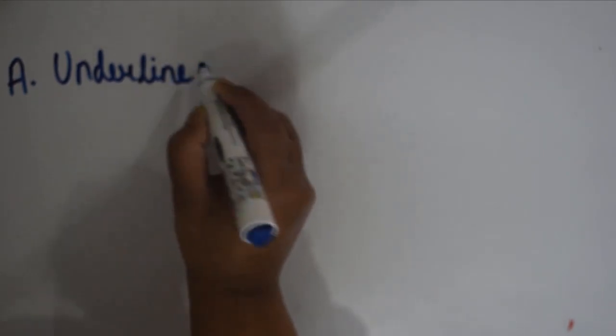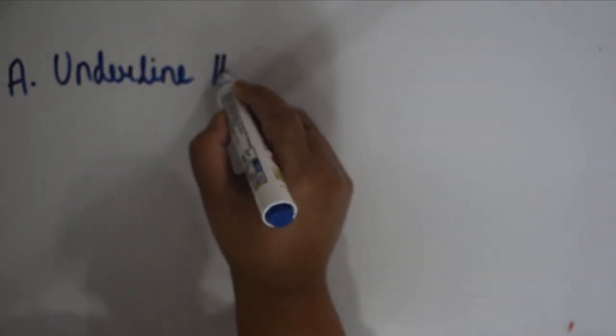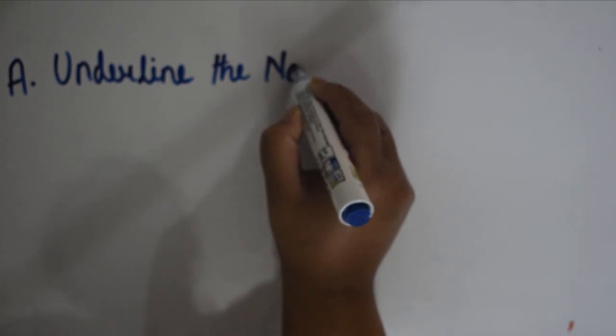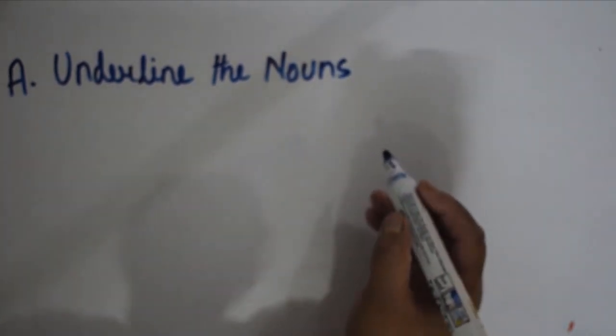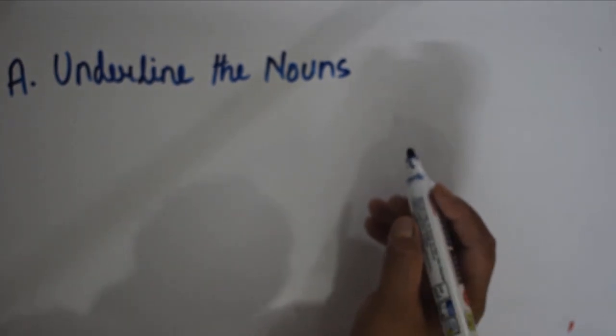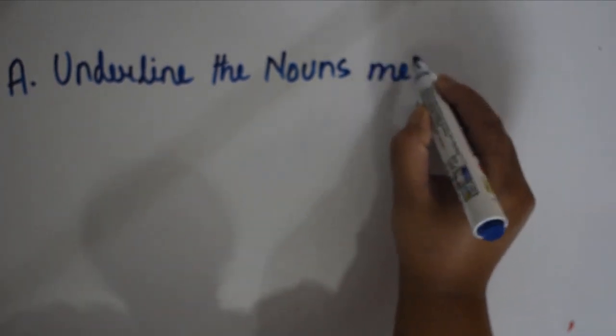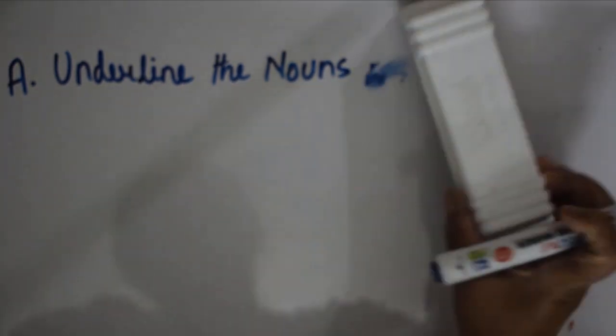So the first question, the first section, was to underline the nouns and mention their types.